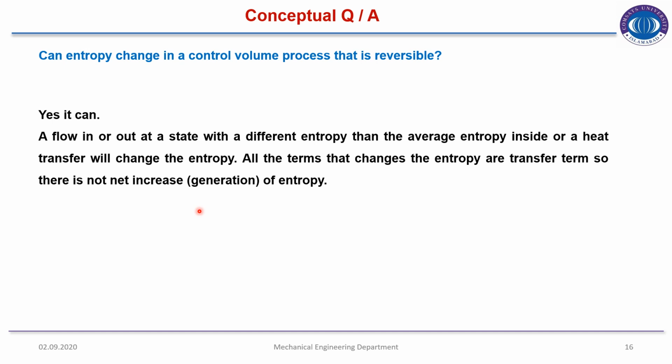As you know, the entropy transfer mechanisms consist of mass transfer and heat transfer. Because the process is reversible, there will be no entropy generation. So the overall entropy of the system will remain constant, but within the system the entropy can change.